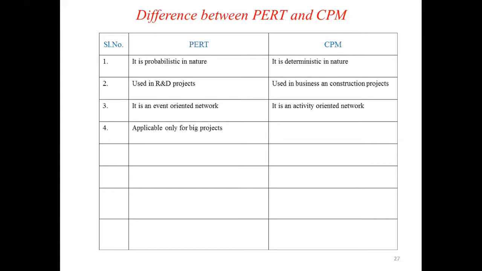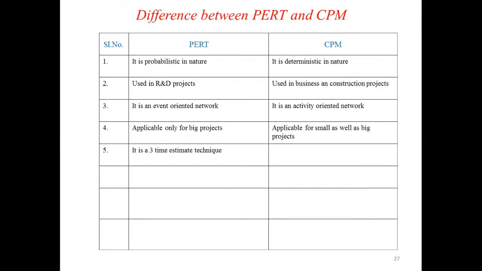PERT is applicable only for big projects, that is, if the number of activities is more, then PERT is applicable, whereas the critical path method is applicable for small as well as big projects.